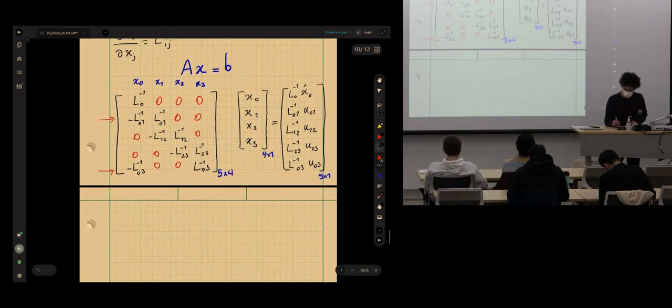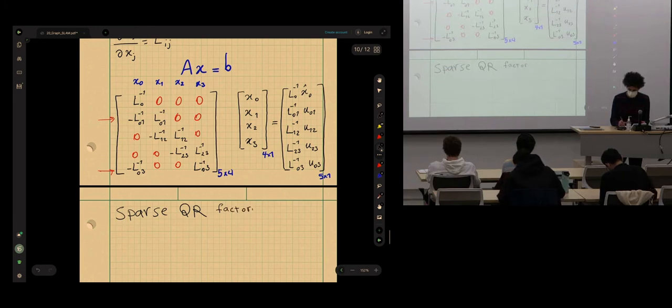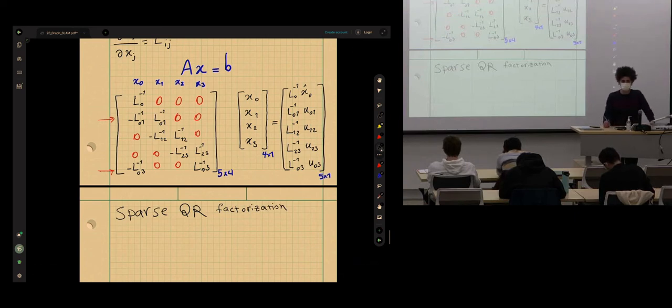So if we do sparse QR, you do not want to use a generic factorization because that generic library will ruin the sparsity and treat zeros as any real number. You won't gain any performance.